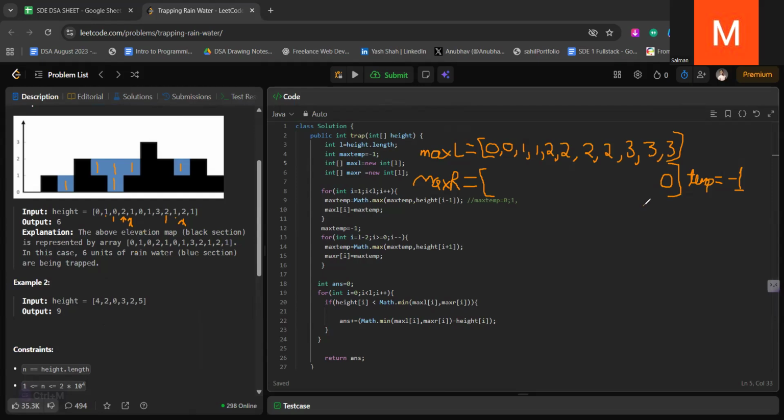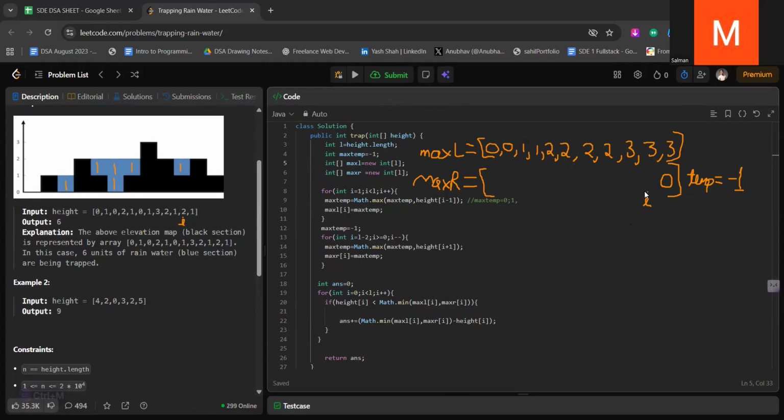My ith index was here, at the second last index of max R and also at the second last index of this height array, right? Let me erase this so that I can explain this properly. So my I was on this, which is second last, which is I-2 initially.